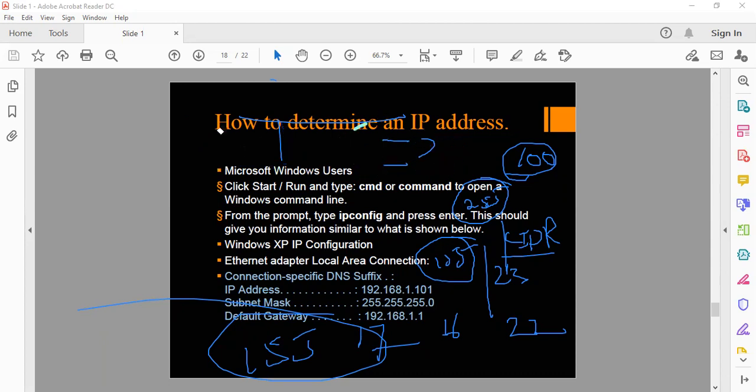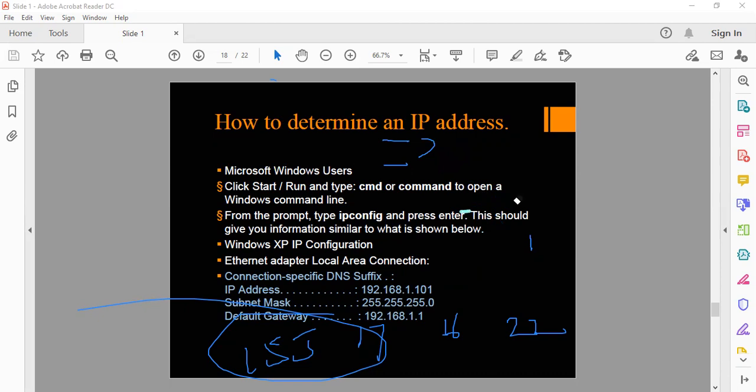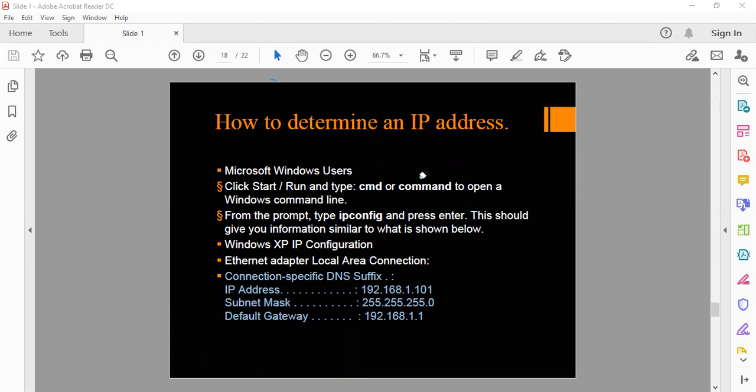Any question? I think that's enough for today. In the next class we will study CIDR. First I will explain CIDR, classless inter-domain routing. Then I will give you a random question, and you will identify the first host address, the last host address, the broadcast address, and the subnet mask.